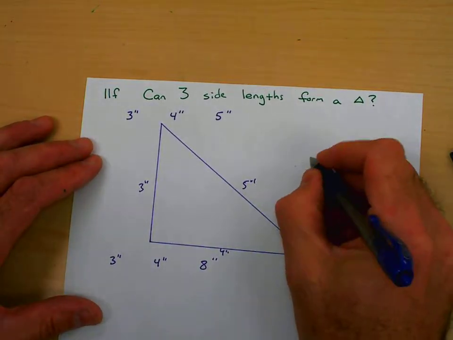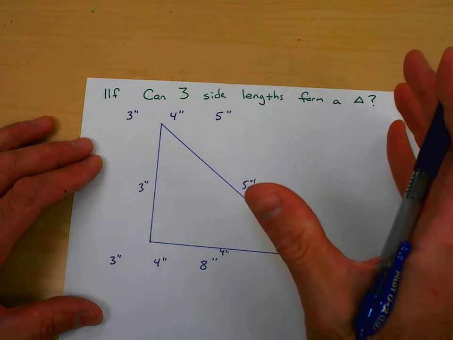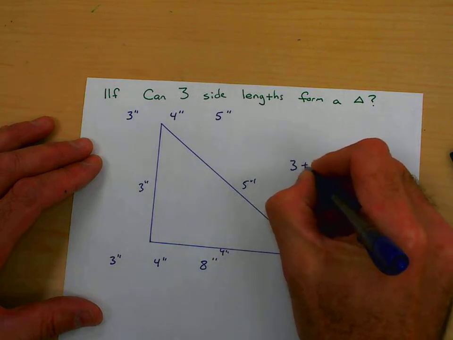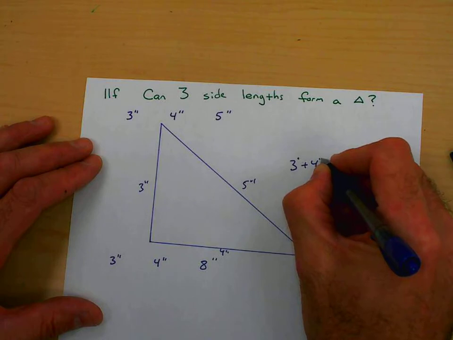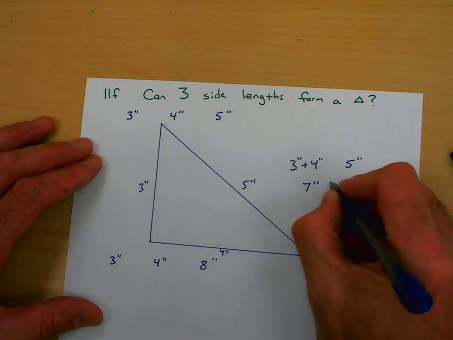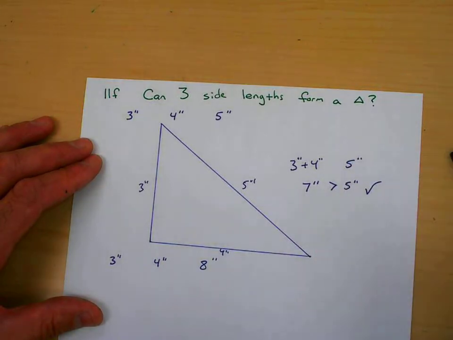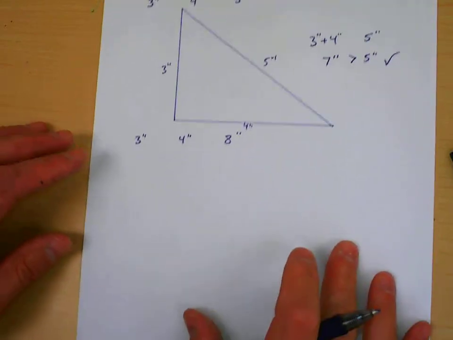Our rule was saying that the 3 inches plus the 4 inches had to be greater than the 5 inches. And here, in fact, 7 inches is greater than 5 inches. So the rule worked, and in practice, we've shown the triangle works.